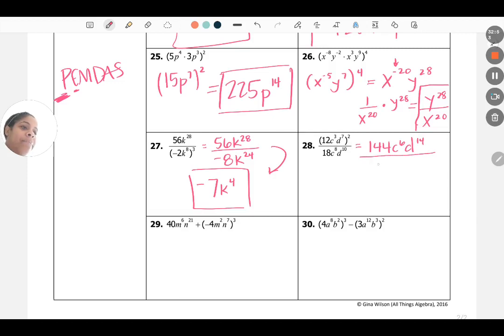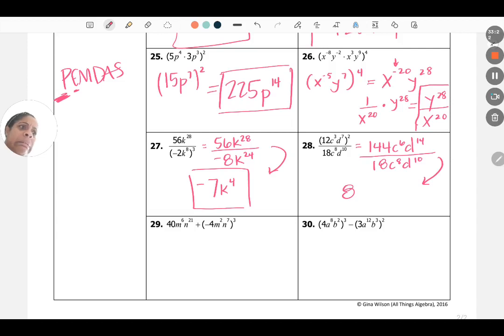Divided by 18c to the 8th d to the 10th. Cool. Now we can subtract. I'm not sure if 144 is a factor of 18. Let's find out. 144 divided by 18 equals, oh, it is, equals 8. All right, so 144 divided by 18 is 8.